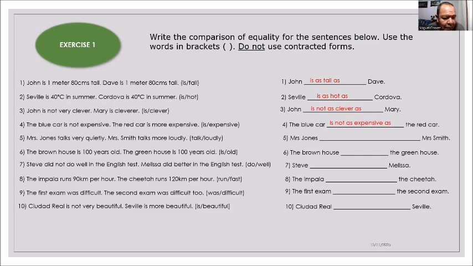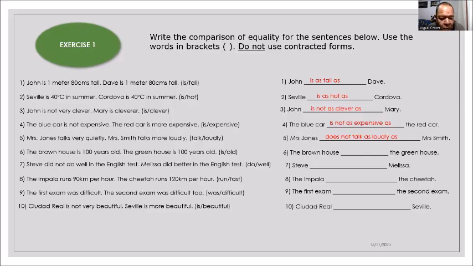Number 5. Mrs. Jones talks very quietly. Mrs. Smith talks more loudly. Mrs. Jones does not talk as loudly as Mrs. Smith. Number 6. The brown house is 100 years old.